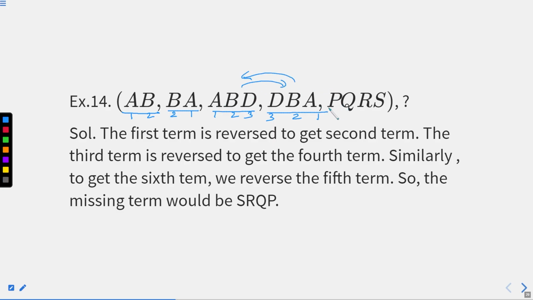So if we mark P as 1, Q as 2, R as 3, S as 4, the reverse value is going to be 4, 3, 2, 1, which comes out to be S, R, Q, P. So my friend, this is going to be our answer. As I mentioned, we just need to figure out what exactly the relation is between the numbers. I hope this is clear.